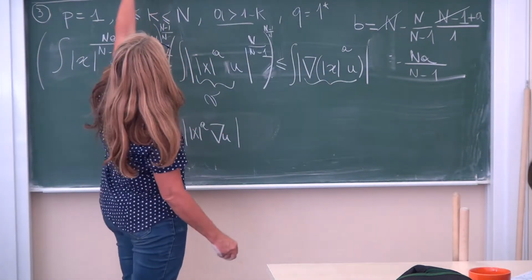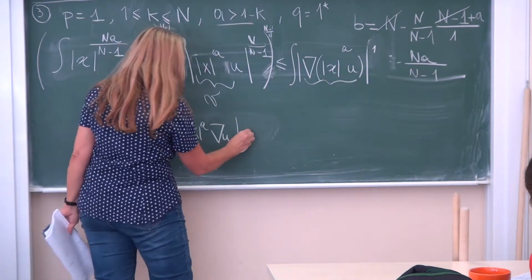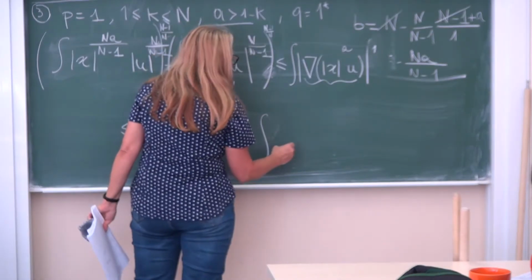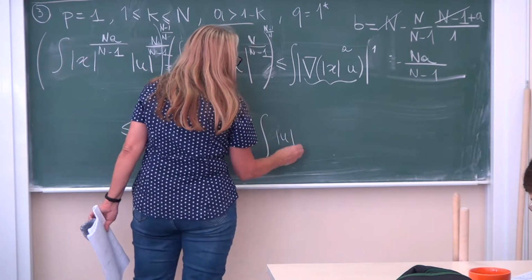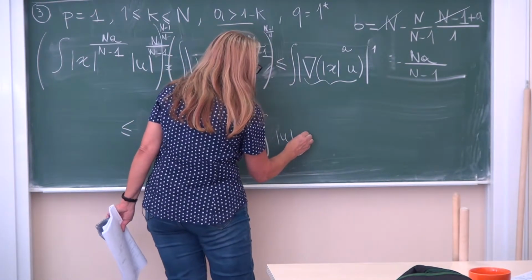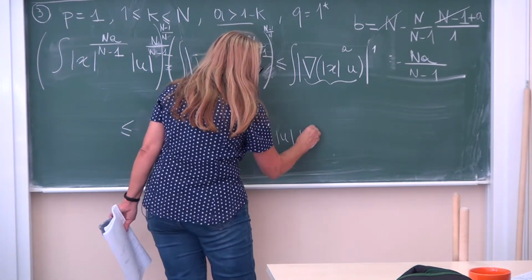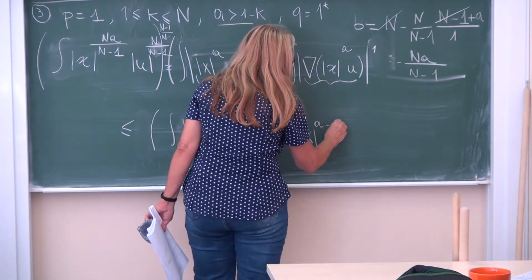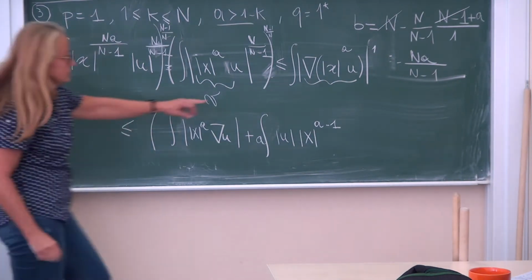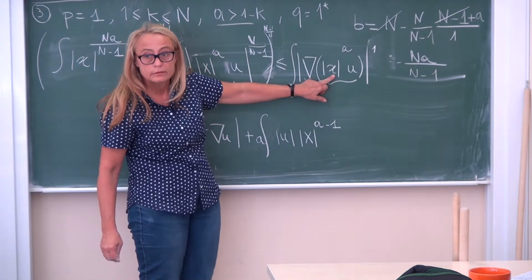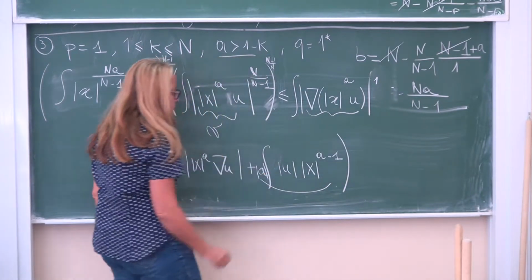Sorry, I have applied the Sobolev inequality with p equals 1, so this is 1. Otherwise, plus the integral of, say, u, exactly you have a x to the power a minus 1. That comes from the gradient of the norm of x to the a. Okay? This is exactly what appears in the Hardy inequality. So put some absolute value here.